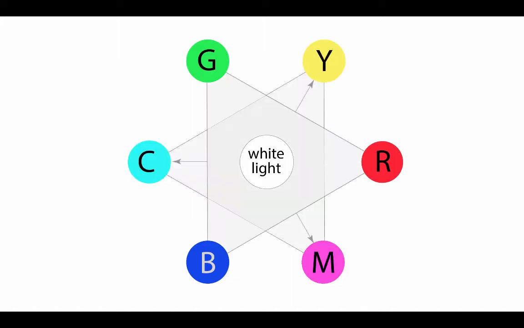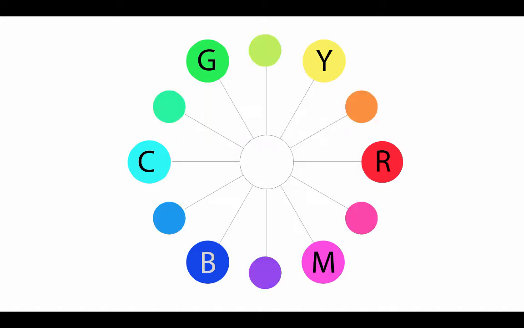And then the secondary colors, here's a different diagram so you can see if you add green and red together, that combination will yield yellow. If you add green and blue together, that combination yields cyan, and blue and red will yield magenta.